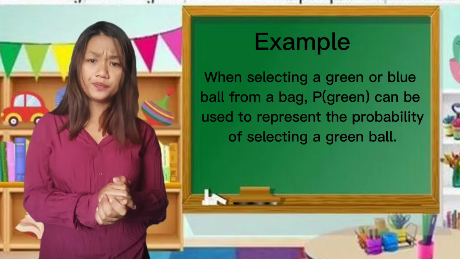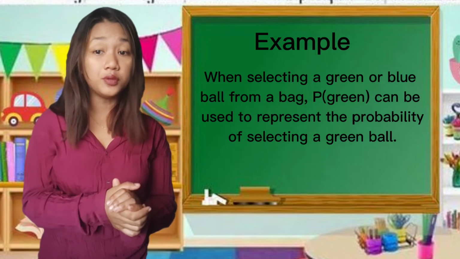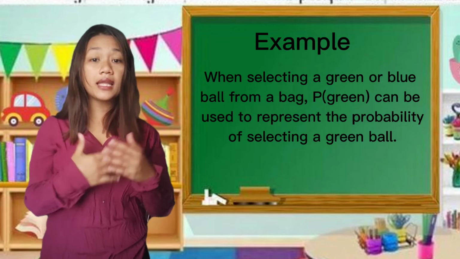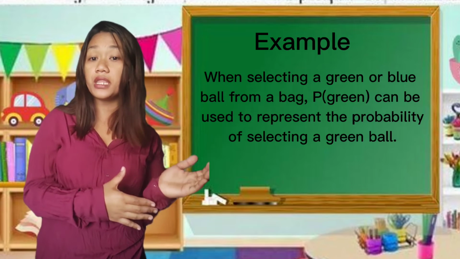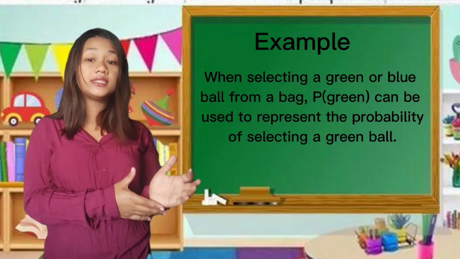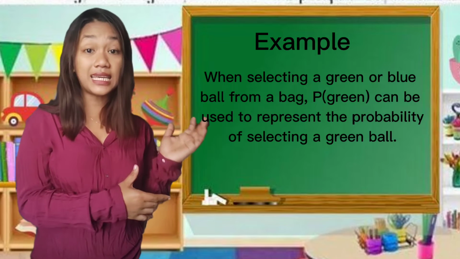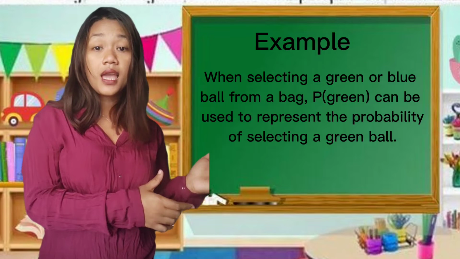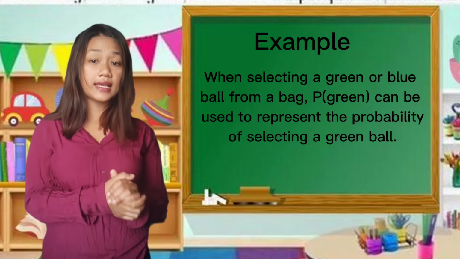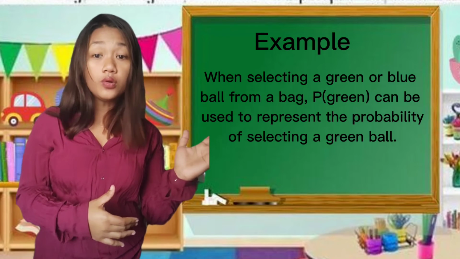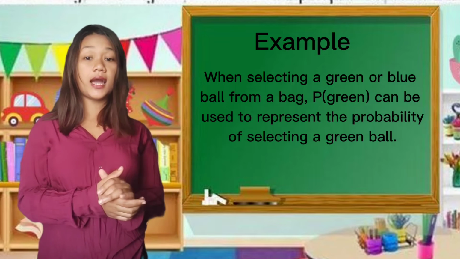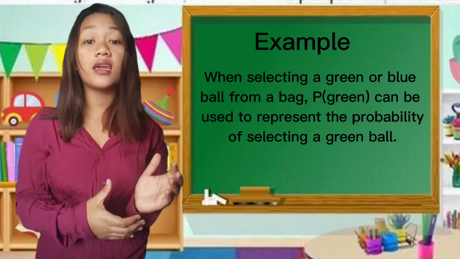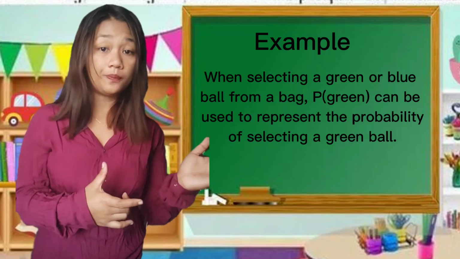For example, when selecting a green or blue ball from a bag, P(green) can be used to represent the probability of selecting a green ball, and P(blue) can be used to represent the probability of selecting a blue ball.